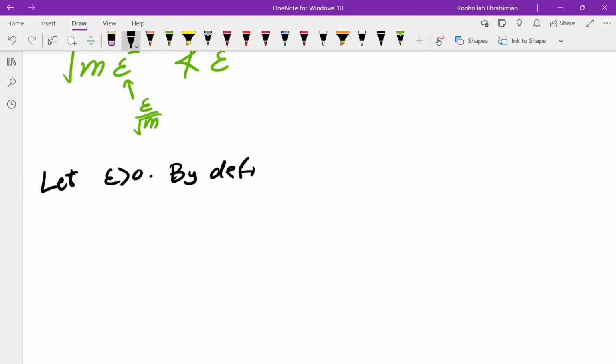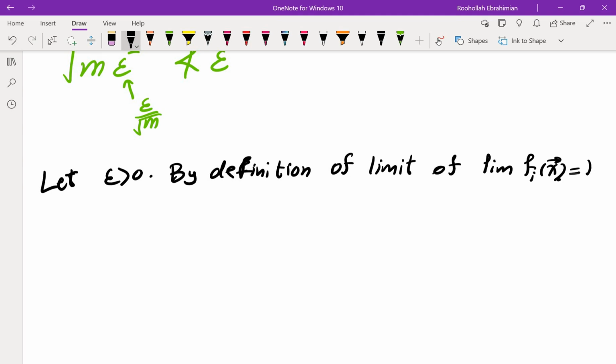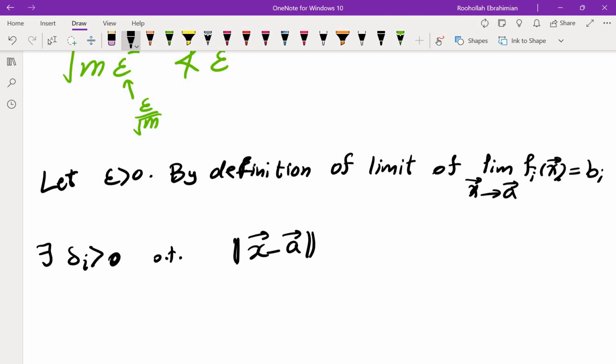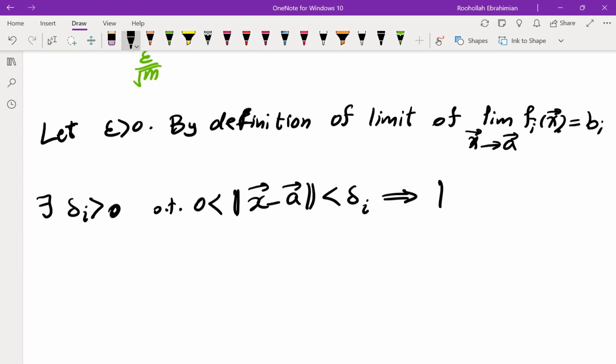By definition of this limit, the limit of fi of x equals bi as x approaches a, there is some delta i positive such that for every x, if the absolute value of x minus a is less than delta i and more than 0, then the distance between fi of x and bi is less than epsilon over root m.